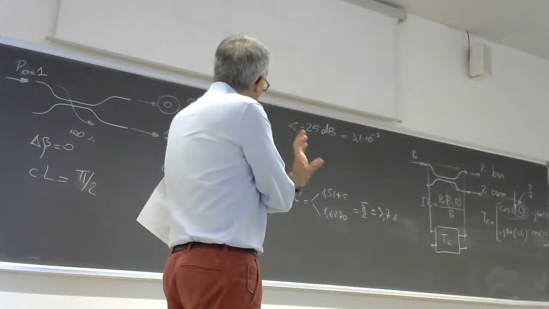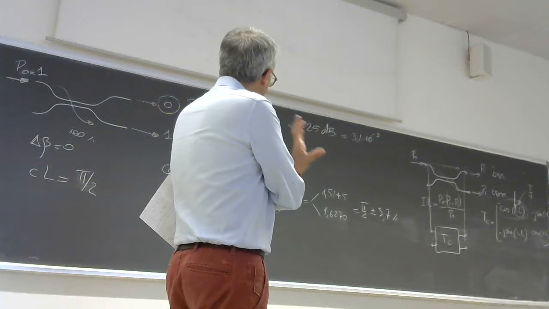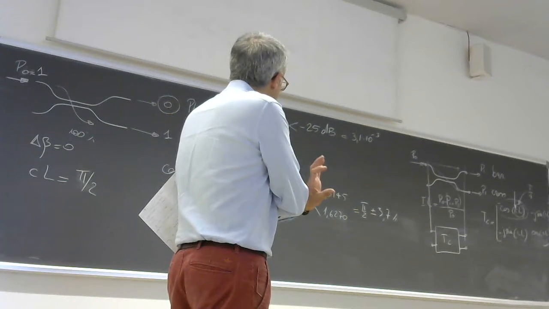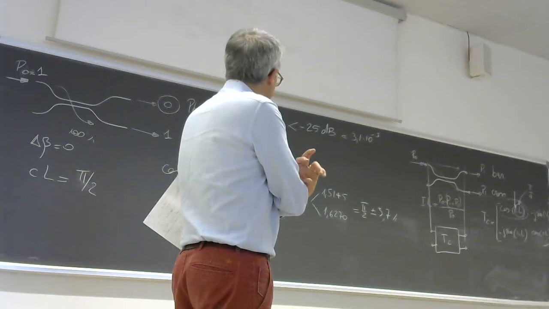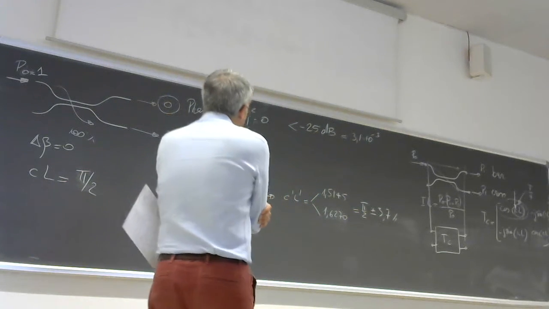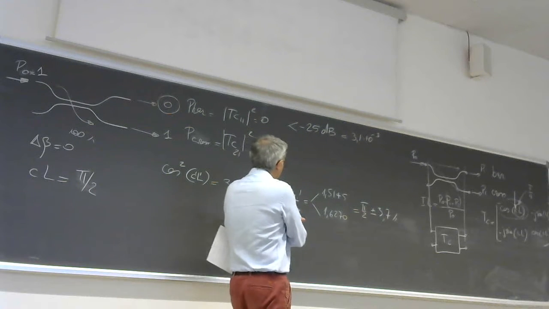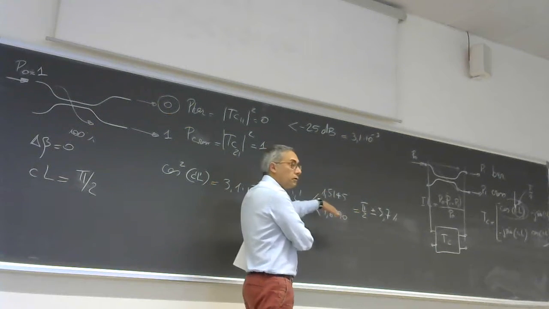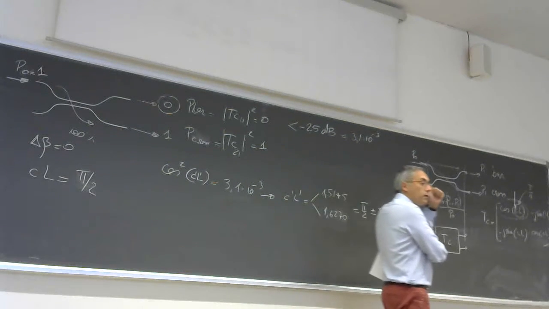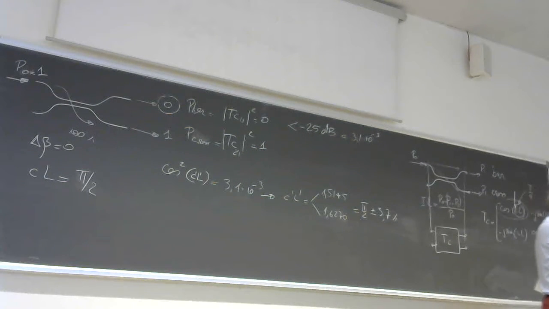So you have to control the product with a precision, an accuracy of 3.7%. If this one stays in this range, the output power is lower than minus 25 dB, which for our application is acceptable.